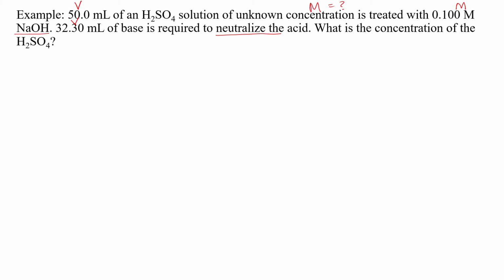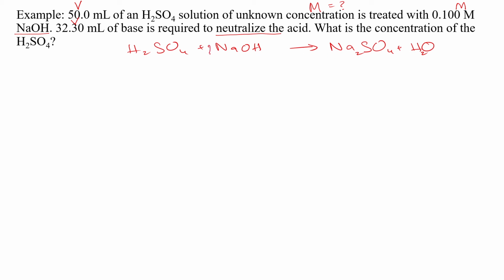equation. Okay, so let's write down the equation between sulfuric acid and sodium hydroxide. We have three hydrogens here, two hydrogens here. So we will balance hydrogens later. We have two sodiums here. We have one sodium here and two sodium here.